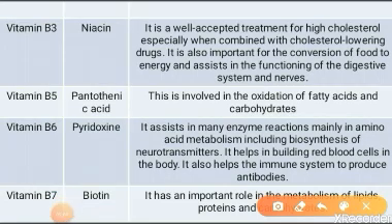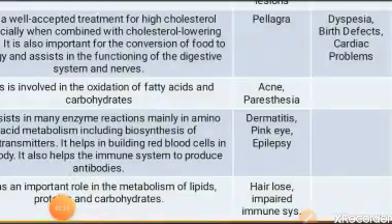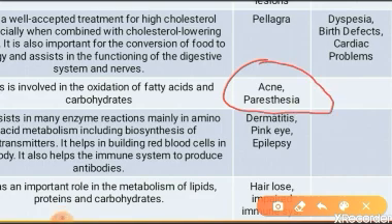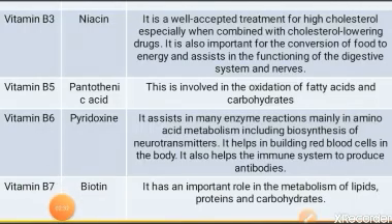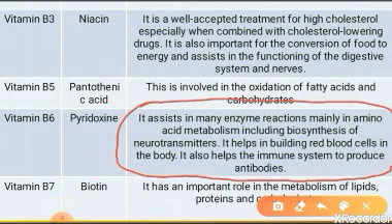Vitamin B5 is also called pantothenic acid. This vitamin is involved in the oxidation of fatty acids and carbohydrates. Deficiency of this vitamin causes acne and paresthesia. Vitamin B6 is also known as pyridoxine.